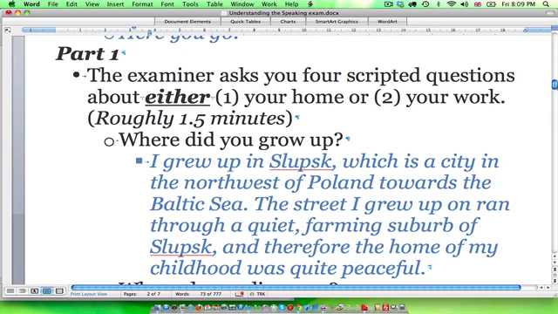So typically the shorter responses are responding to questions that are asking for facts, and the longer responses are responses to questions asking for opinions.